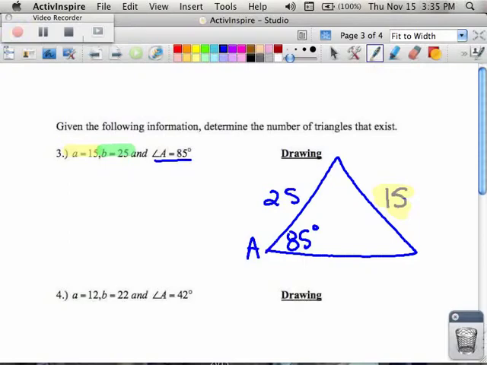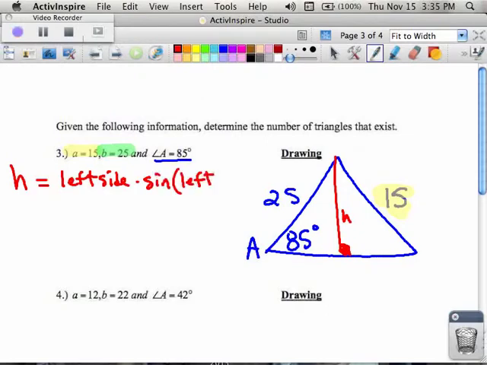What we're always going to do is we're always going to be calculating the height, because everything is based off of this height to determine if there's 0, 1, or 2 different triangles. And the way that you always find the height is always the left side from the previous slide times the sine of the left angle.